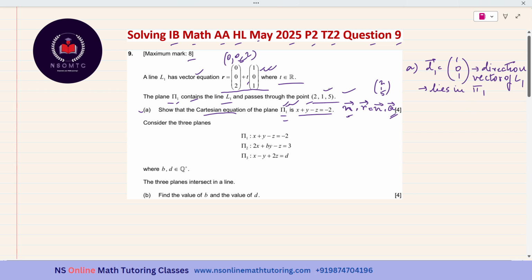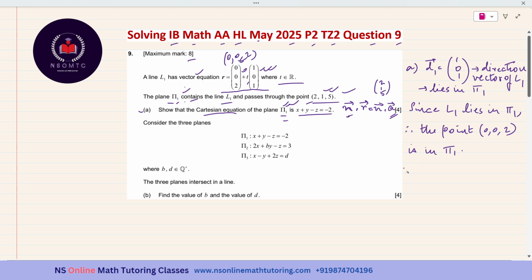We know that this point is lying in pi 1, and since the line L1 lies in pi 1, the point (0, 0, 2) is also in pi 1.